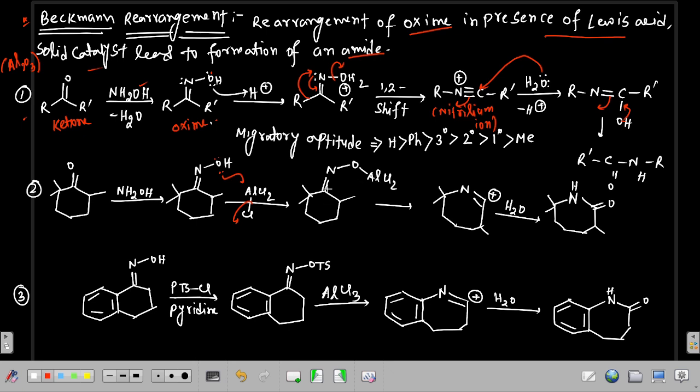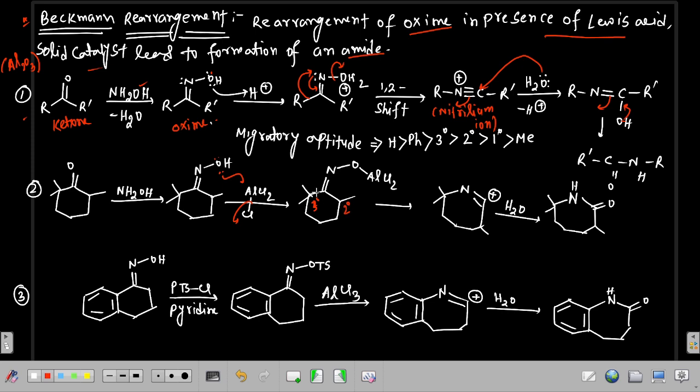Next step, here you see this is a 2 degree carbon and this is a 1 degree carbon. No, this is 2 degree and this is 3 degree. Okay, this is a 3 degree carbon. So a 3 degree carbon has greater migratory aptitude than a 2 degree carbon.